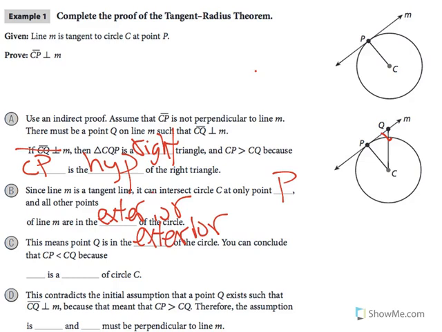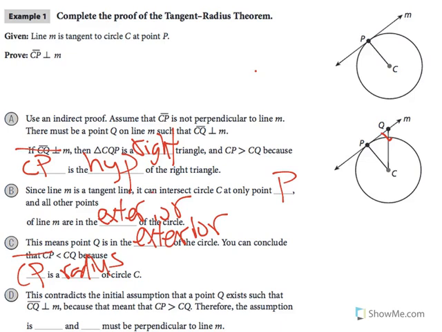You can conclude that CP is greater than CQ because CP is the radius of circle C, and this contradicts the initial assumption that point Q exists such that CQ is perpendicular to line M.